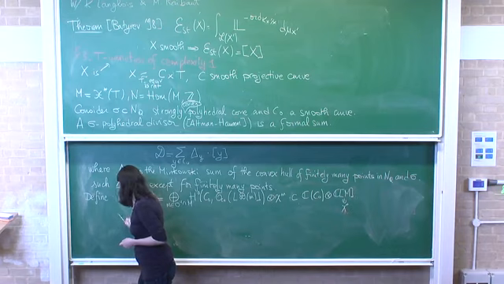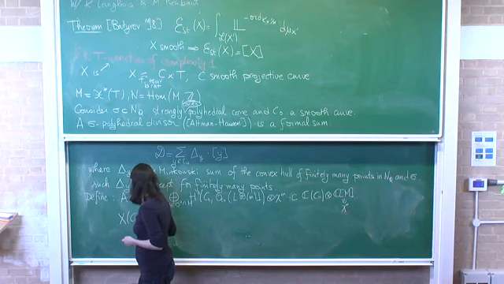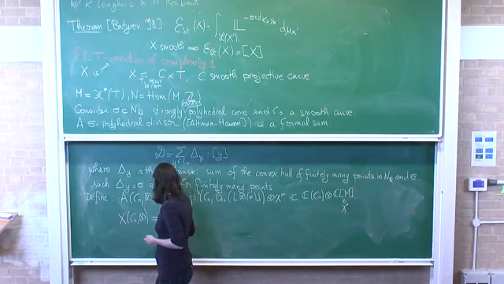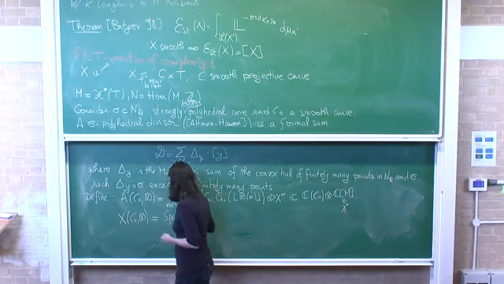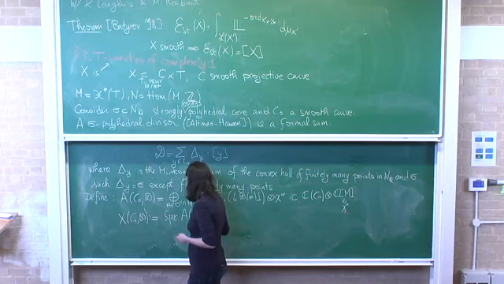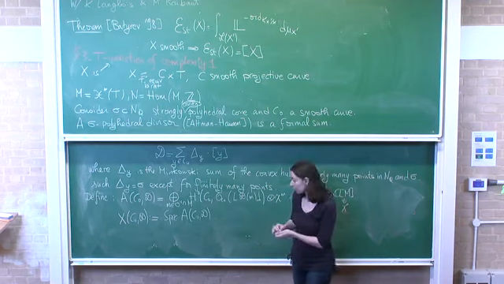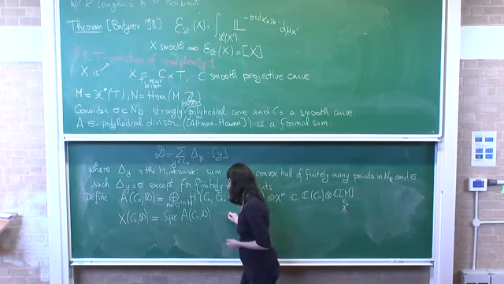And now X of C0 and D, this will be the spectrum of this. And this is a prototype of an affine T-variety of complexity 1.